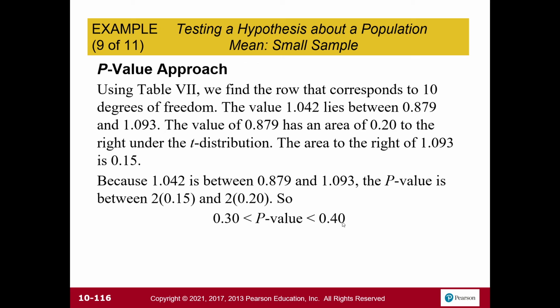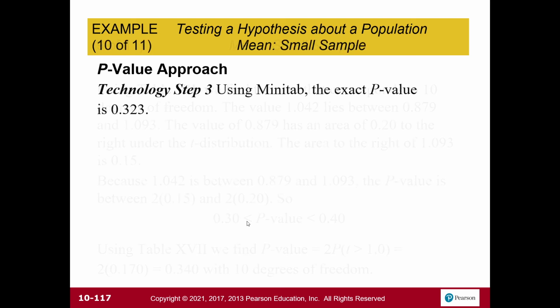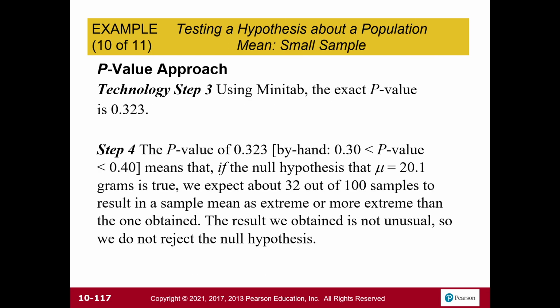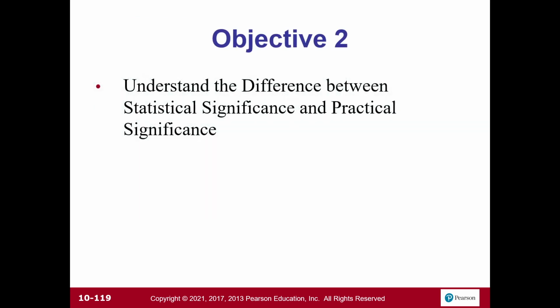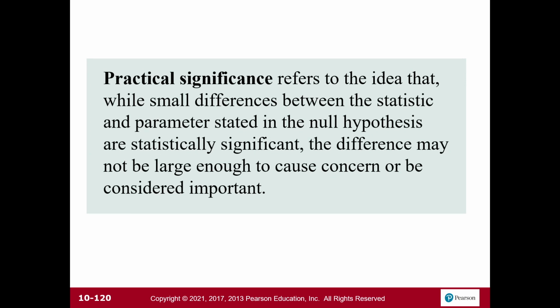The p-value is between 0.4 and 0.3. We needed our p-value to be less than 0.05. A lot of different ways to do that problem. Let's move on. Keep in mind our own technology could have been used as well.